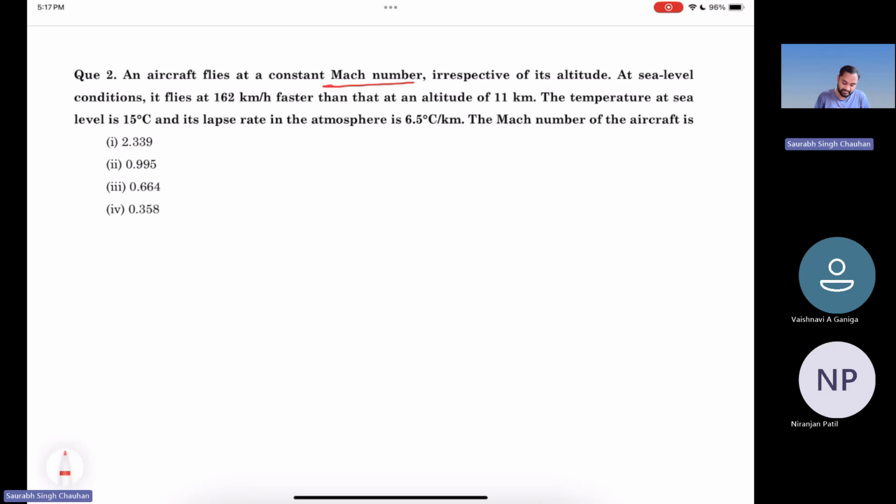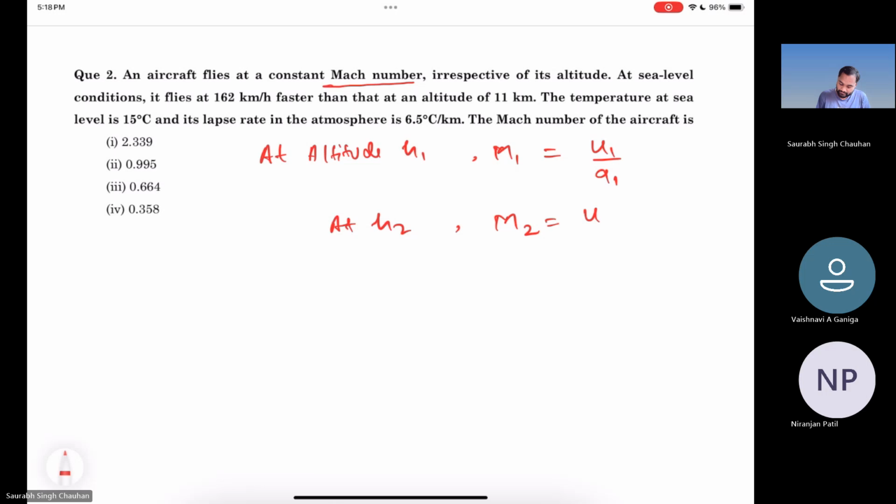So in this question, Mach number is constant, right? At altitude H1, the Mach number is M1, let us say. So it will be U1 by A1. And at H2, the Mach number will be M2, and this will be equal to U2 by A2.